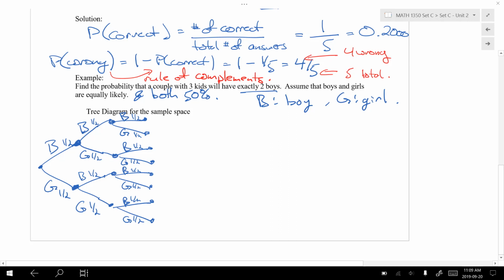So just to make things easier, let's denote the first one boy, boy, boy, followed by boy, boy, girl, boy, girl, boy, and boy, girl, girl, and so on, down the line here. Now we start girl, girl, boy, boy, girl, boy, girl, girl, girl, boy, girl, girl, girl.